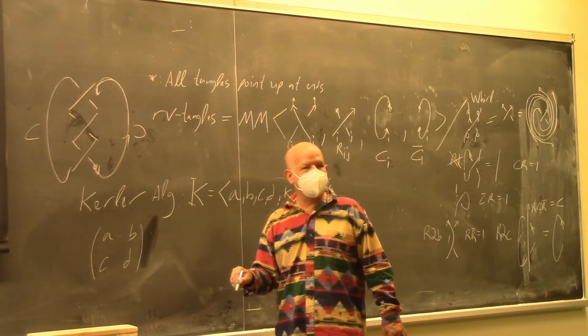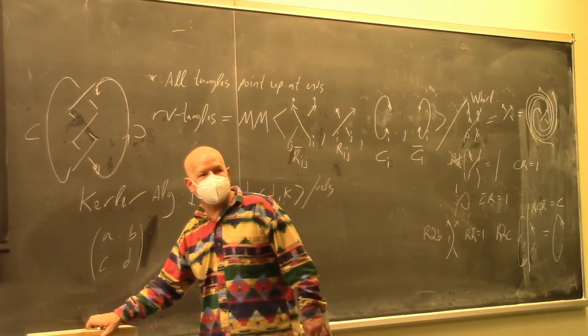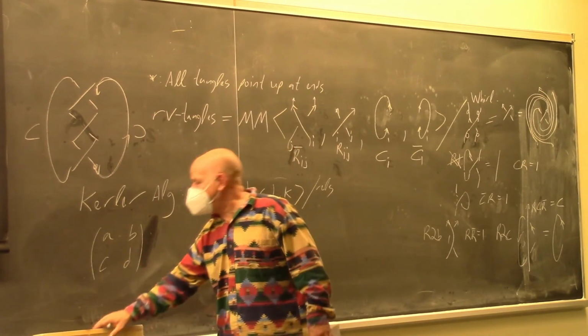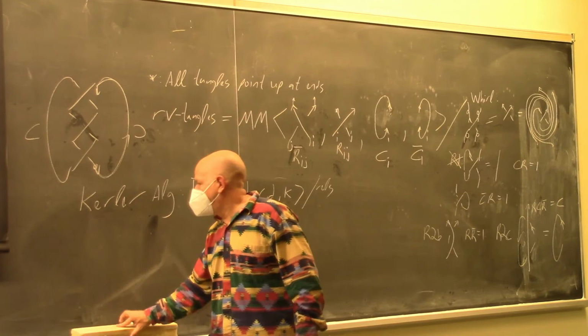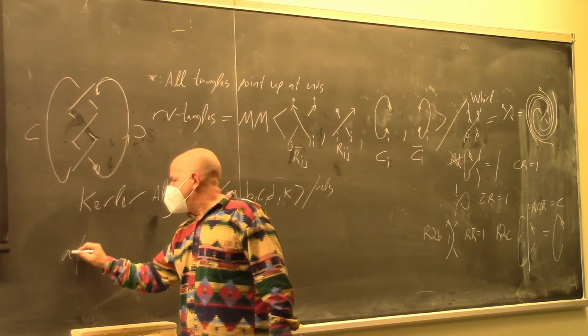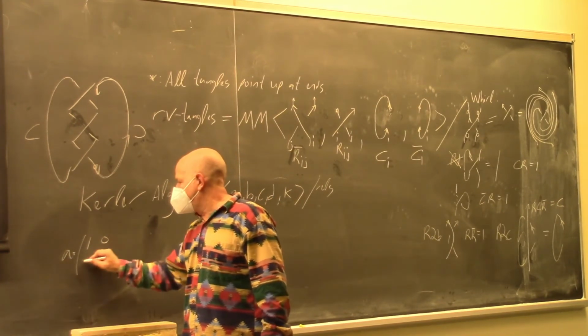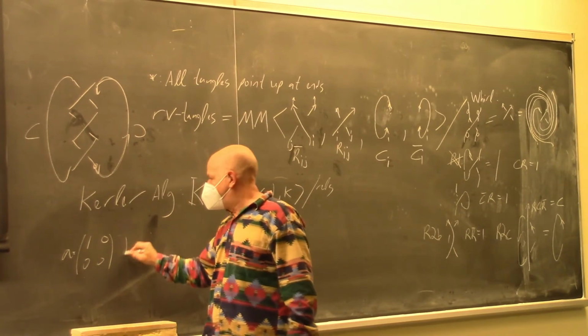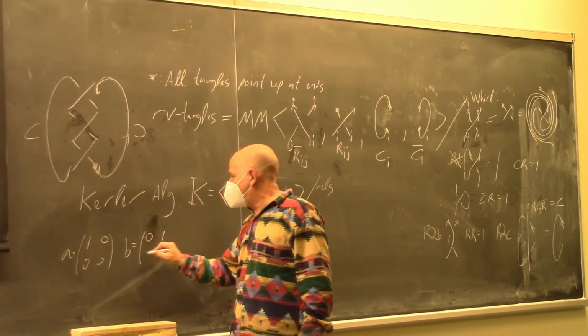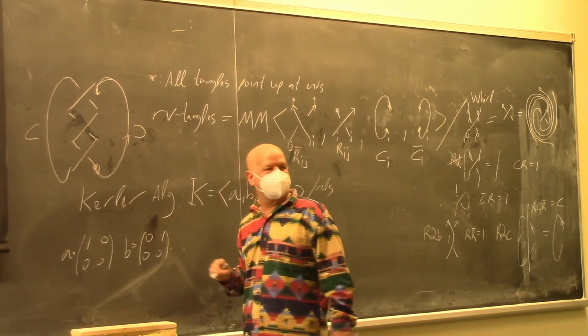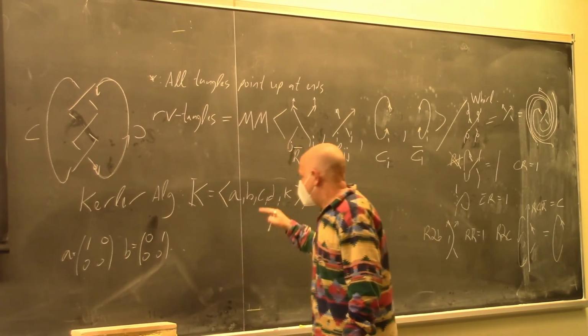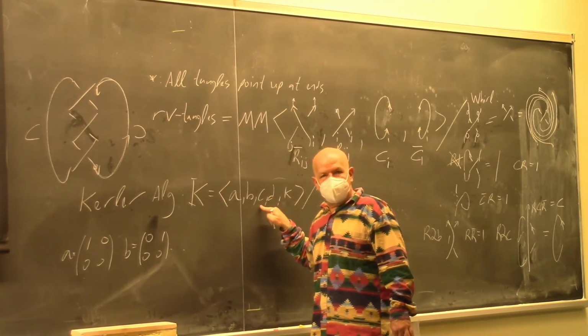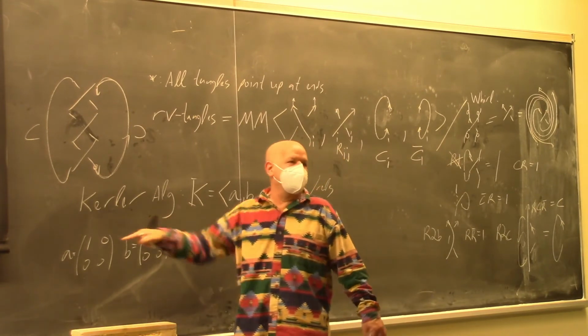More precisely, A is the matrix 1, 0, 0, 0, B is the matrix 0, 1, 0, 0, etc. And the relations are that they multiply like matrices.